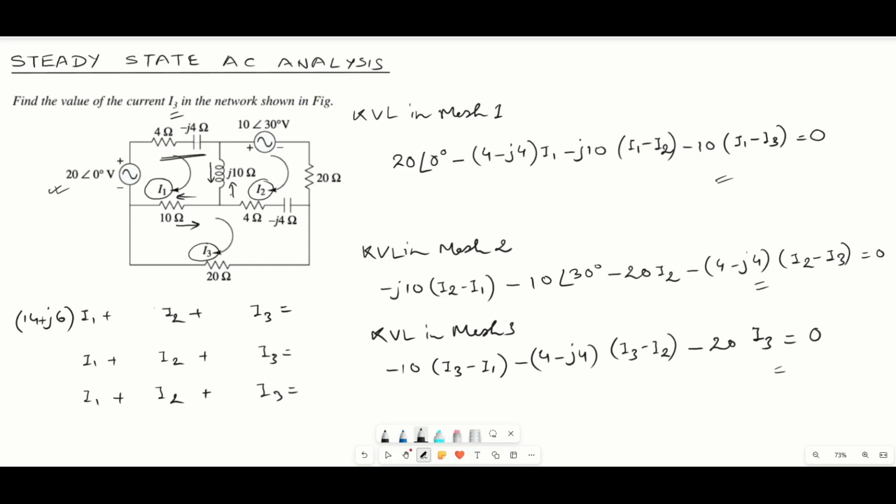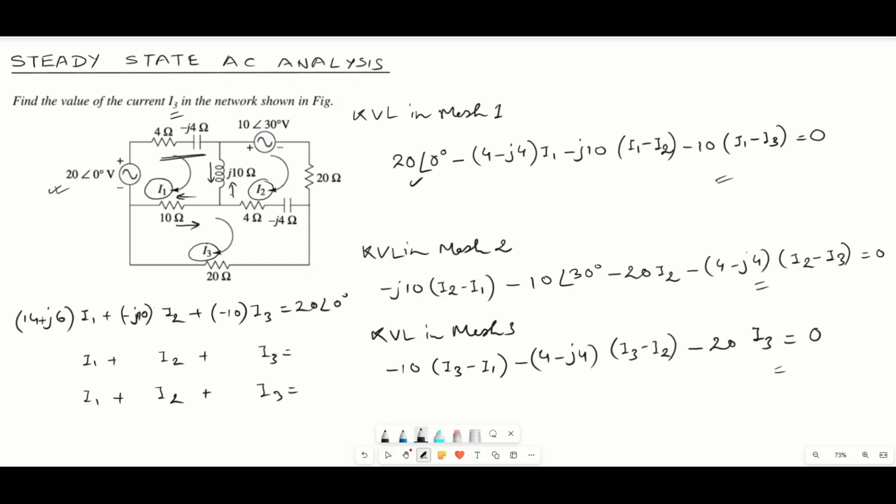Then for I2 we have minus J10, then I3 is minus 10, equals 20 angle 0. So this is equation 1.